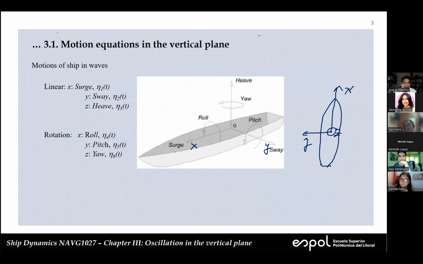Some people don't like, under a pitch rotation, the forward end to come inside the water. So what they do is they define the Z positive pointing downward, okay? And in that case, the Y will point toward starboard. And in that case, positive rotation in pitch will bring the forward end up.